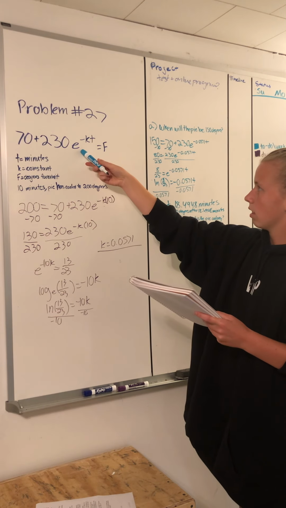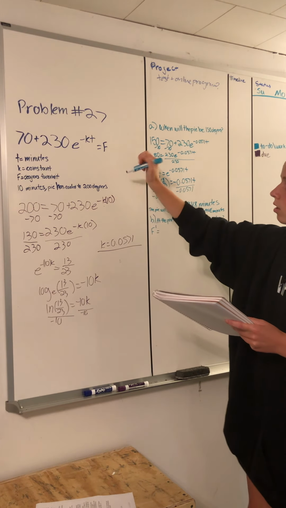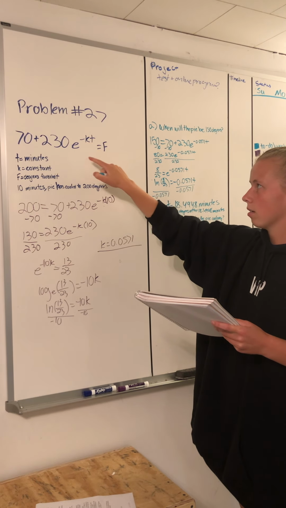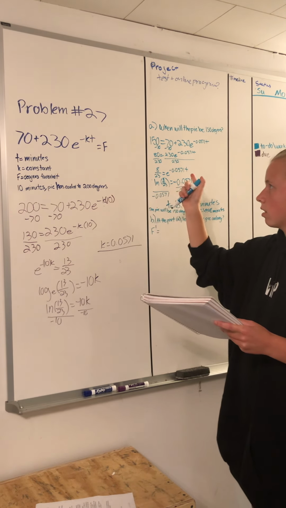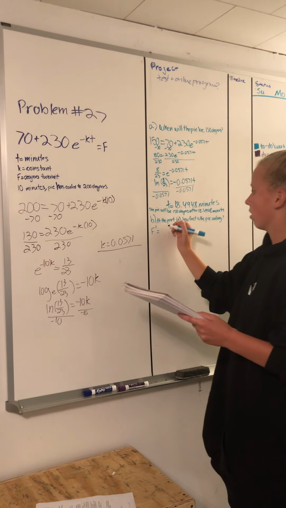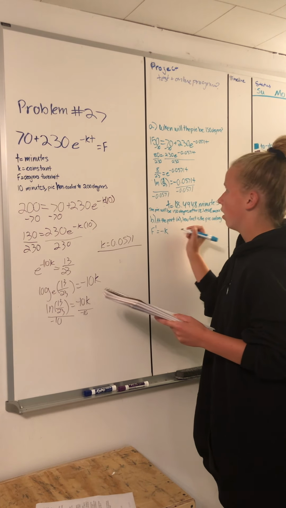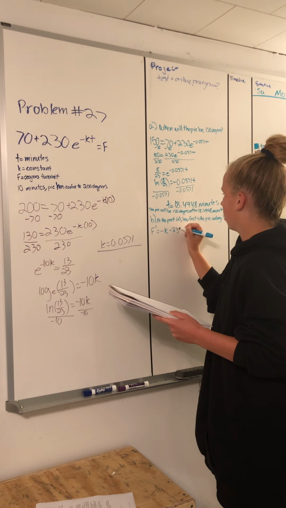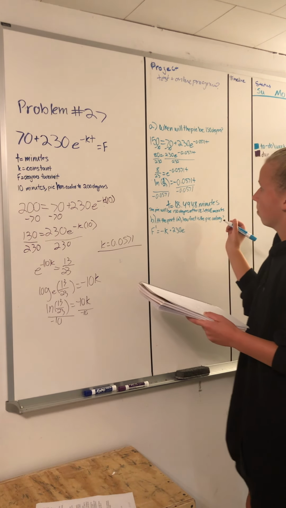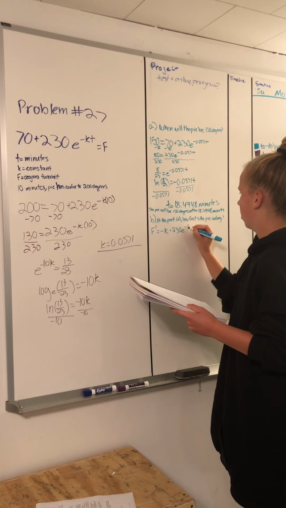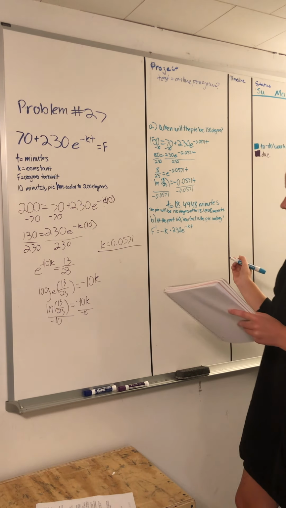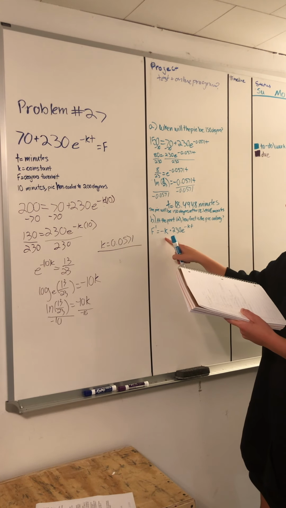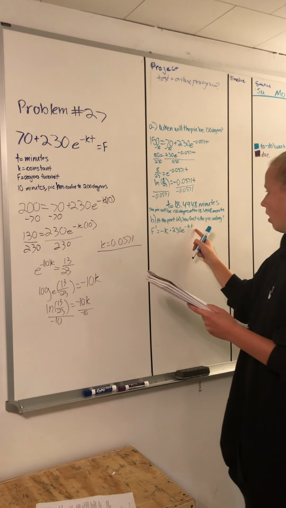And since this is like e to the u, the derivative of negative kt is just negative k, since t is the variable and k is a constant. So the derivative would be negative k times 230 e to the negative kt.